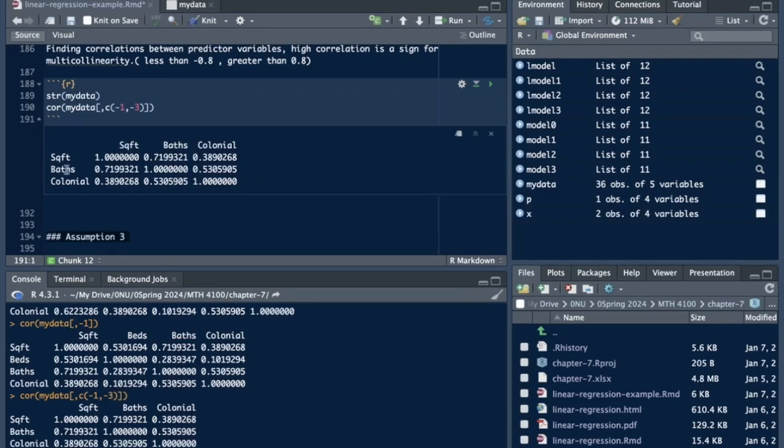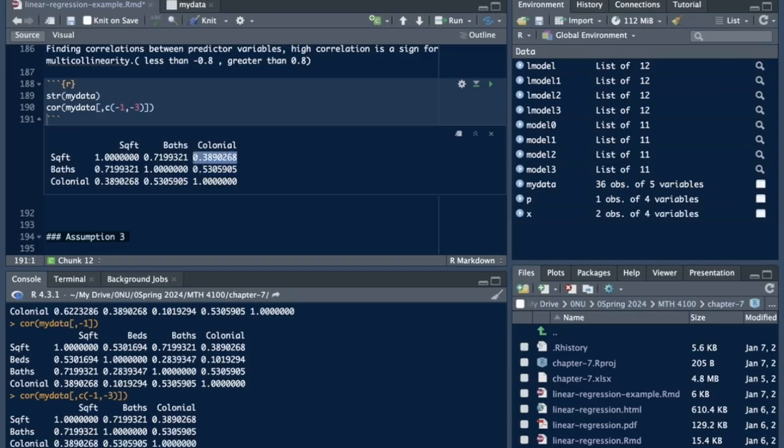If you look at the correlation now, square foot with baths, we have kind of a high correlation. It's not very high, but we have to look at this carefully. It's not above 0.8 or less than negative 0.8. By the way, the correlation coefficient, if you forget, is between -1 and 1. Highly positive correlation means above, let's say, 0.8. Highly negative correlation is less than negative 0.8. In this case, we don't have above 0.8. It's a moderate correlation, but we have to watch it. 0.5 is okay between the colonial and baths. 0.3 is low, so that's good.